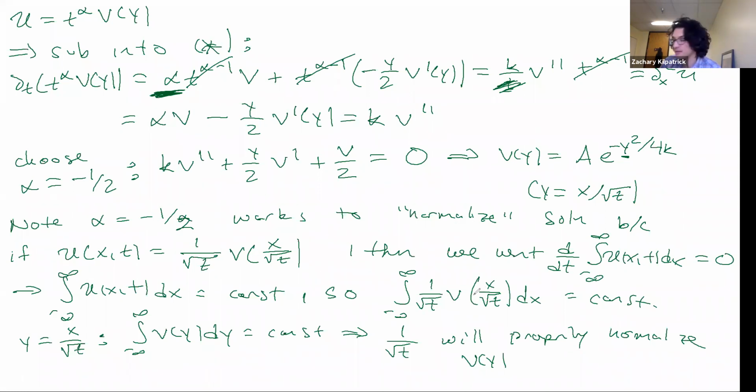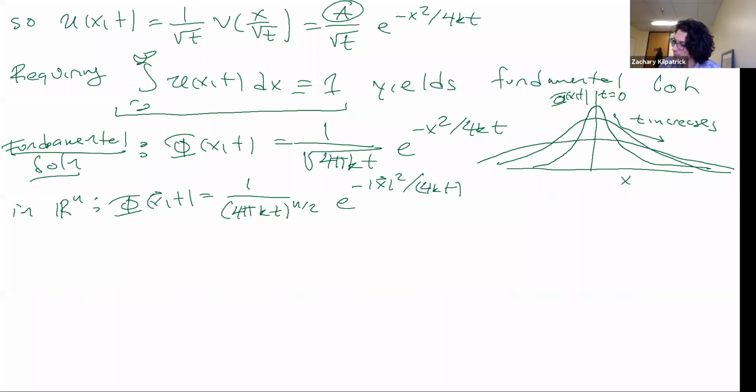That would allow us to integrate our self-similar solution and have it always be normalized to its initial value. And then the last step was just to notice that if we want this normalized to 1, then we need this extra factor of square root of 4 pi k in there. So that's the fundamental solution to the heat equation in R^n. This is going to satisfy u_t equals k Laplacian of u.